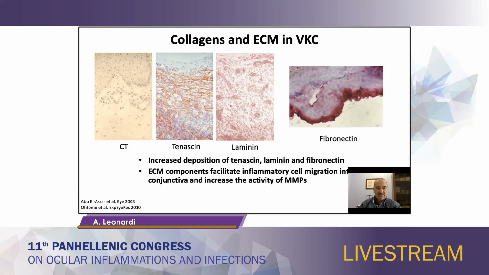These are some of the proof of this increased expression of tenascin, laminin, and fibronectin. These extracellular matrix components facilitate inflammatory cell migration into the conjunctiva and also the cornea in some cases, and increase the activity of metalloproteases.